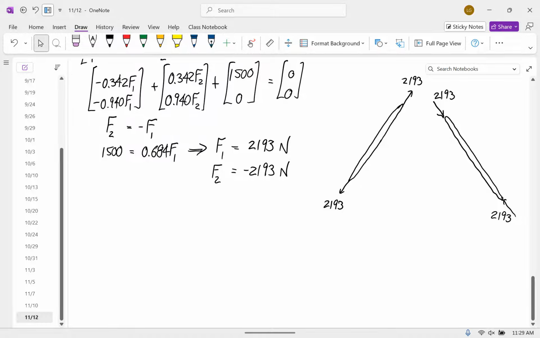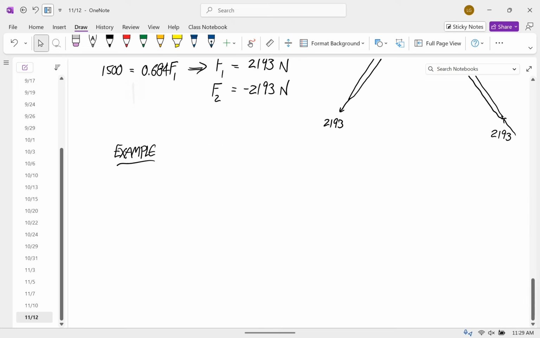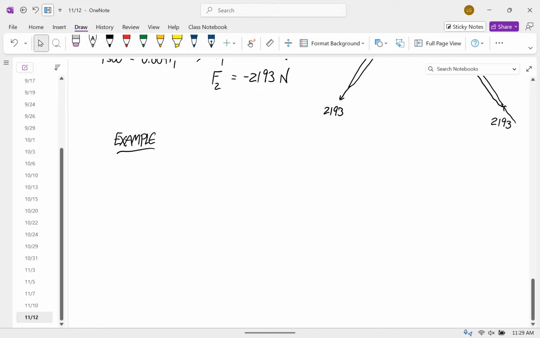Okay, let's do one. Let's do one where we have a pin here. I'm going to keep these all equilateral triangles just for the geometry, so all these angles are 60 degrees.